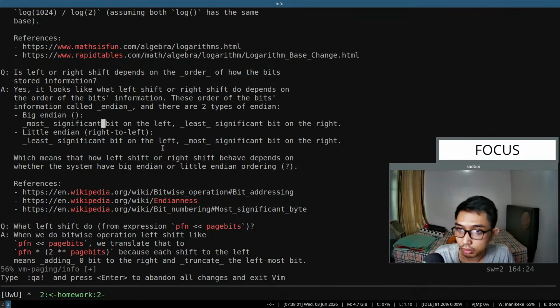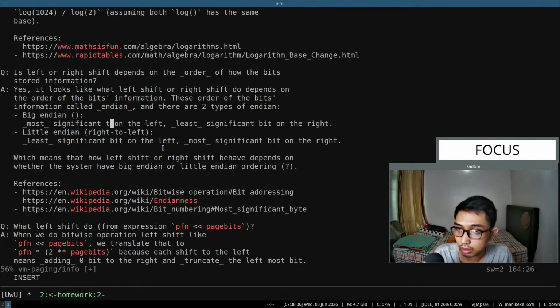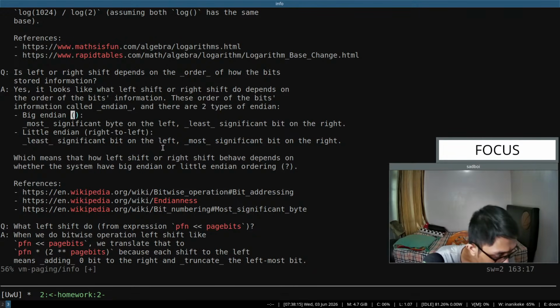Most significant byte maybe. Big endian: the first byte appearing in memory is the biggest. Okay, let me try to understand this.